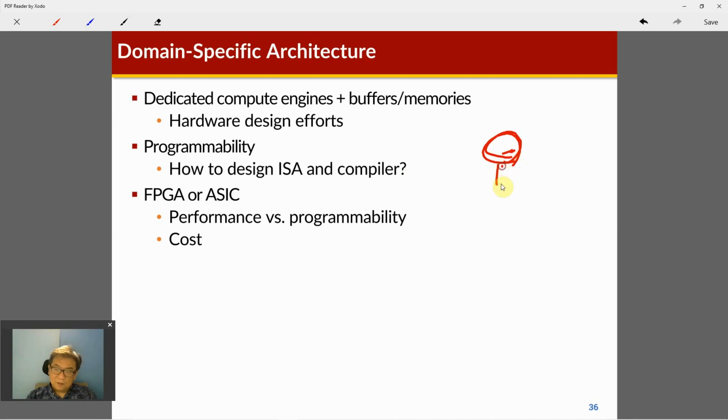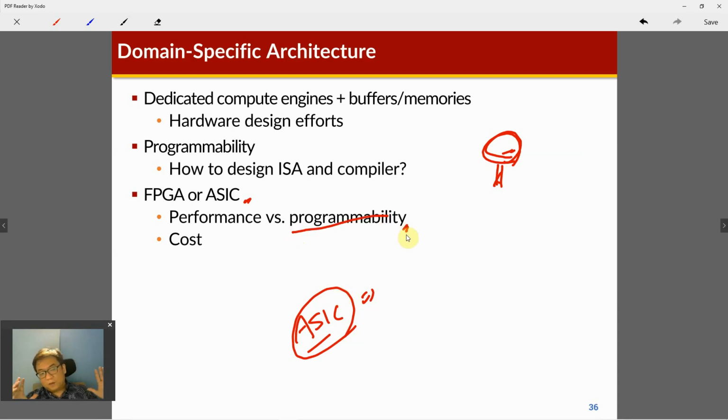So the compiler or some other programming language is not supported by some program community. And then FPGA or ASIC. We know that the performance of ASIC is better than the FPGA, but the disadvantage of the ASIC is the less programmability. If the chip is designed with the ASIC, then we cannot modify the content of the chip.